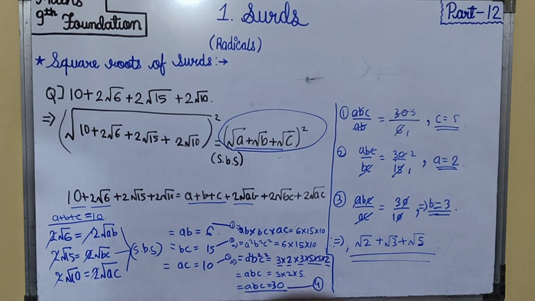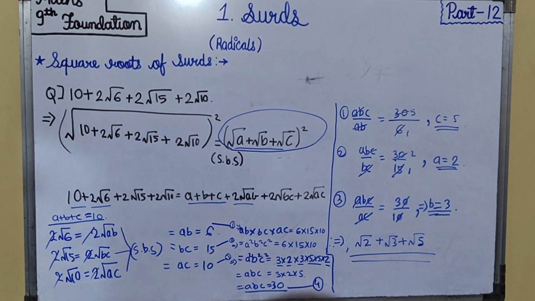I hope you have understood till this part 12. In part 13, we'll solve a question based on the fourth root of a given expression, the fourth root of numbers like this.